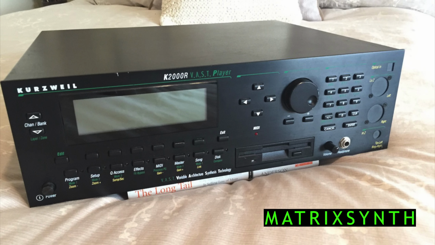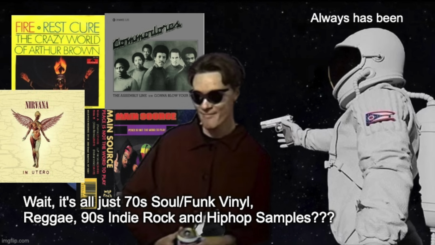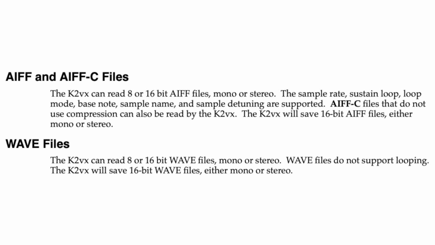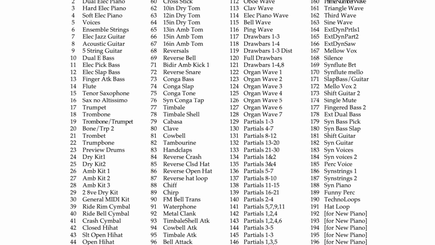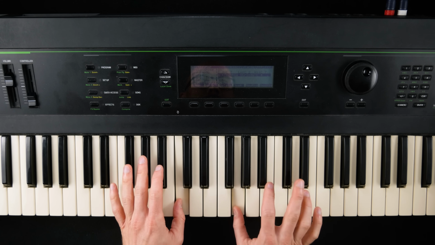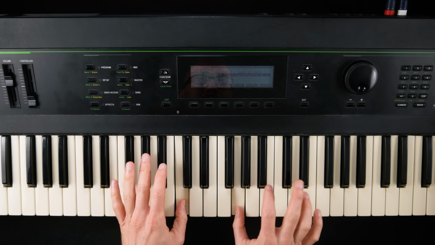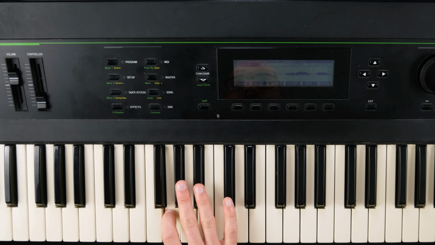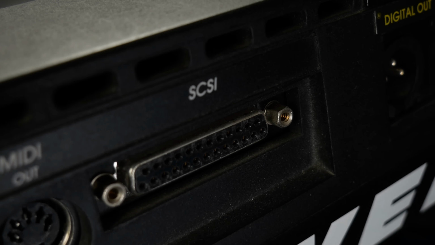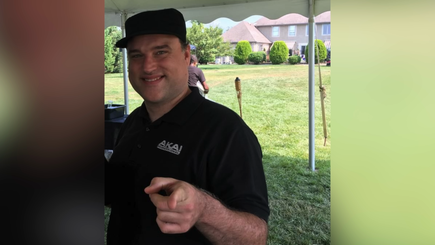Regardless of the incarnation you are dealing with, almost everything you hear is based on samples with a maximum sample rate of 48 kHz 16-bit, which can be picked from the internal ROM, sampled if possible, or loaded from a floppy or via SCSI with full Akai sample format support.